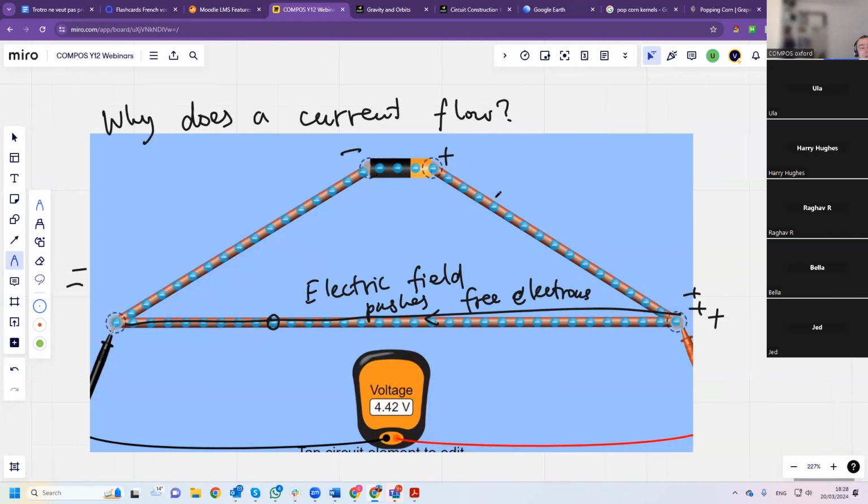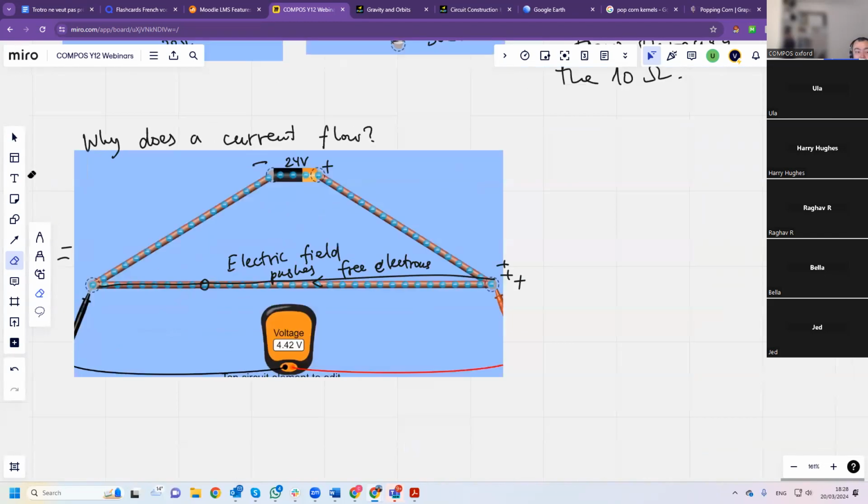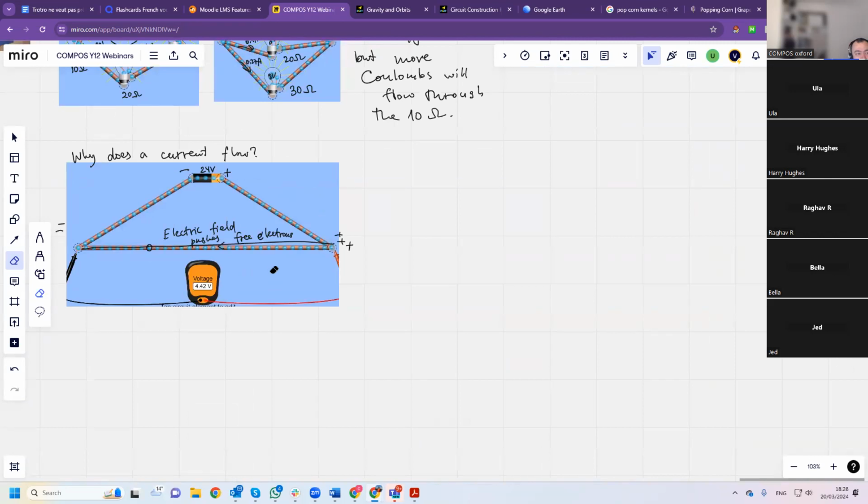We can say they have 10 joules of energy here, but after the battery, if this is a 24-volt battery, they have 34 joules of energy. So the battery is just a difference. It's not actually zero. Let's say zero additional energy, if that makes any sense.